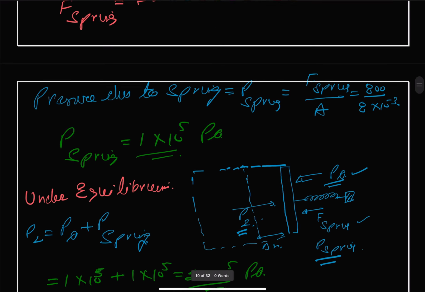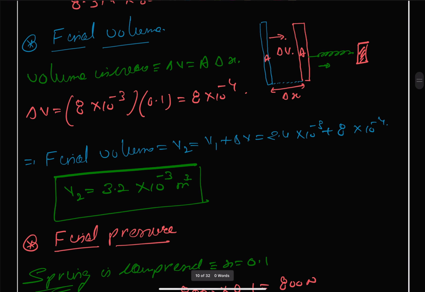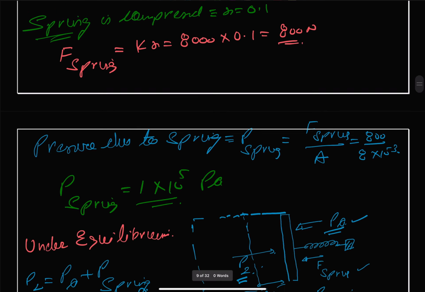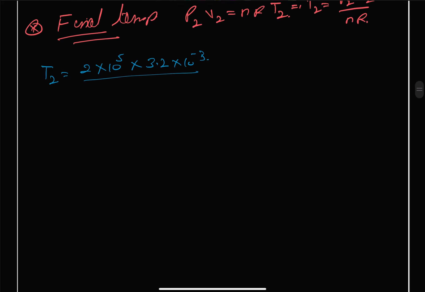The number of moles we found out is 0.0962, into R, which is 8.314. So from here we get that our T2 will be approximately equal to 800 Kelvin. So this is our final temperature.